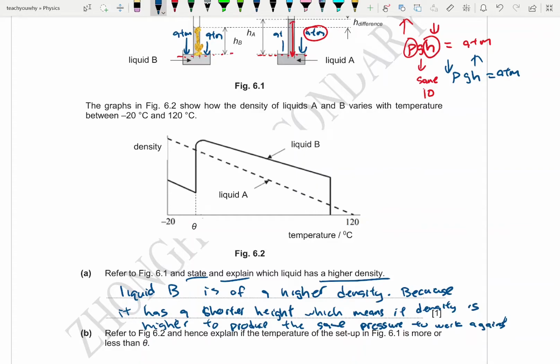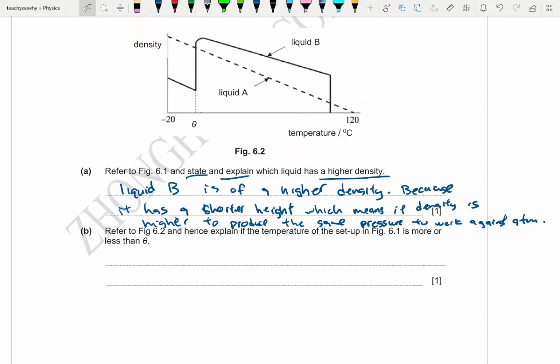Refer to 6.2 and hence explain if the temperature of the setup in 6.1 is more or less than the datum.